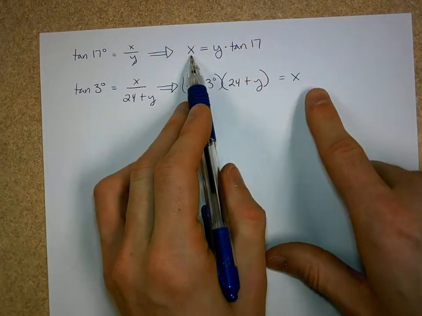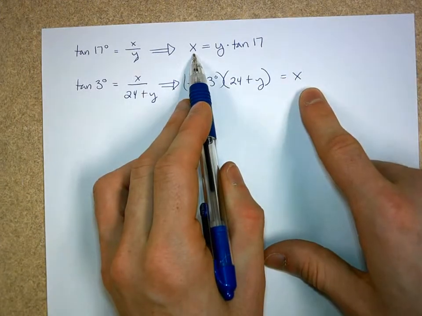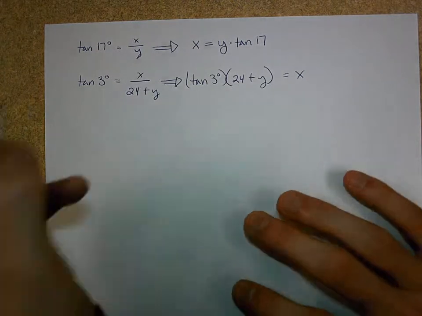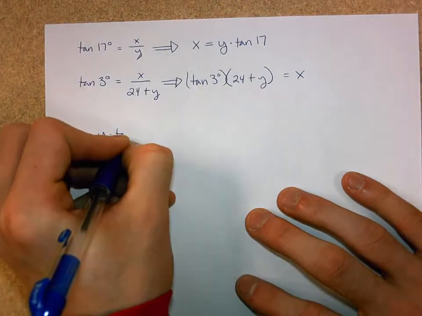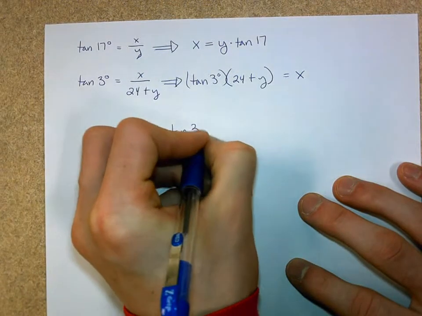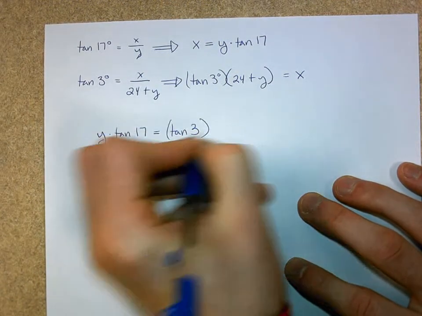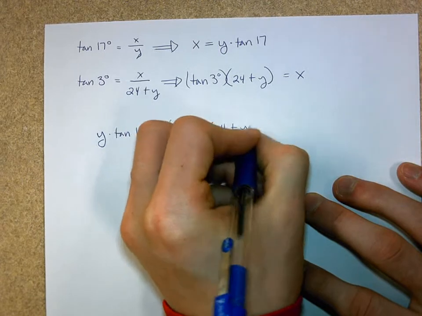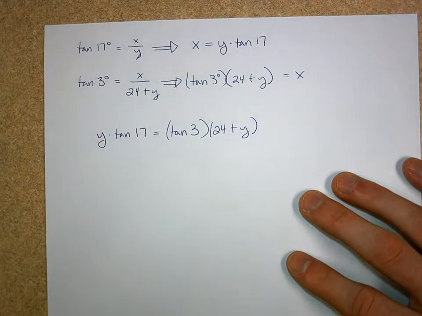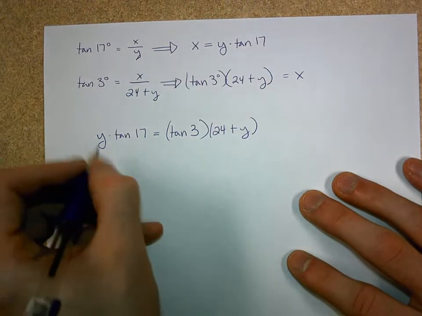Since I've got two equations equal to x, I can now set these equations equal. So y times the tangent of 17 is equal to the tangent of 3 times 24 plus y. Now everything here is in terms of y, and I want to solve for y.